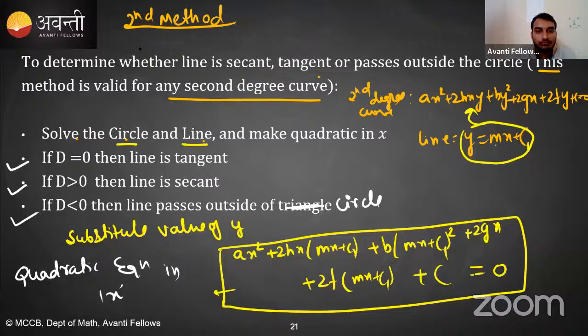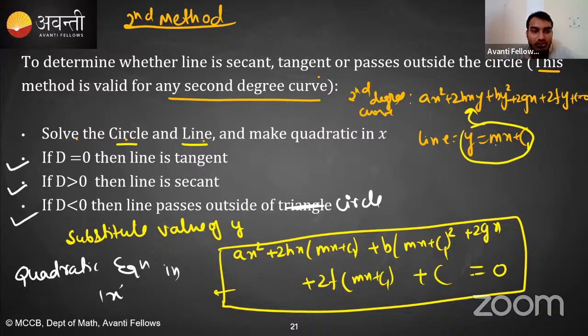Is that clear? Okay. So what you can do is, if any second degree curve is given and a line is given, you have to comment whether the line is making a tangent, intersecting the curve at one or more than one point, or passing outside. So solve the line and curve, make the quadratic in x. Now if d is equal to 0, then line is tangent.